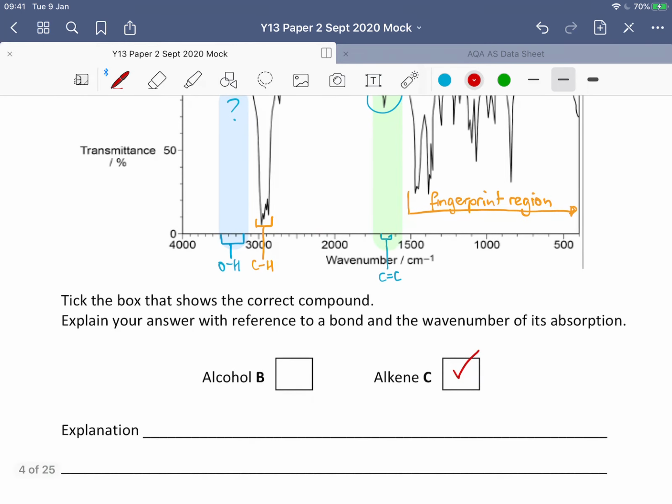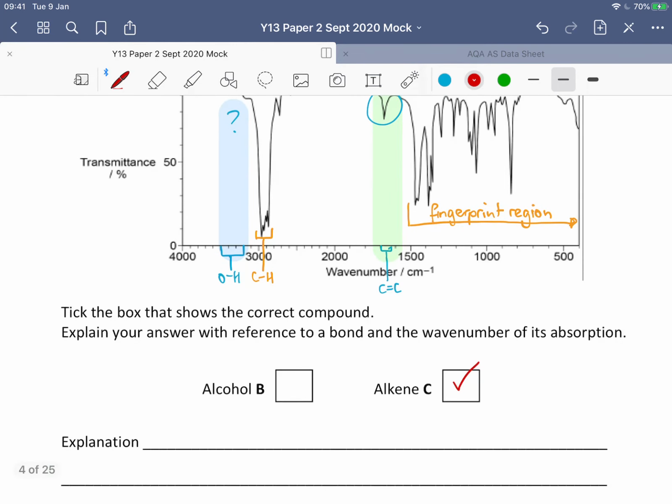And our explanation can be one of two reasons. We can say there is an absorption in the range, and then you give the range for a carbon-carbon double bond.